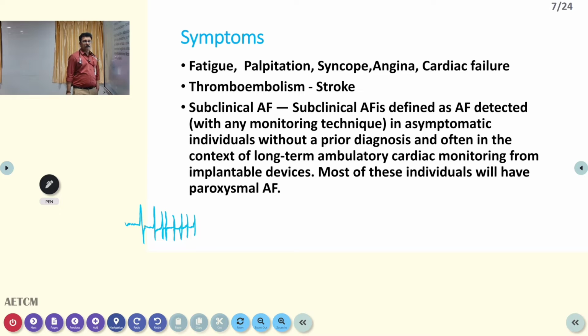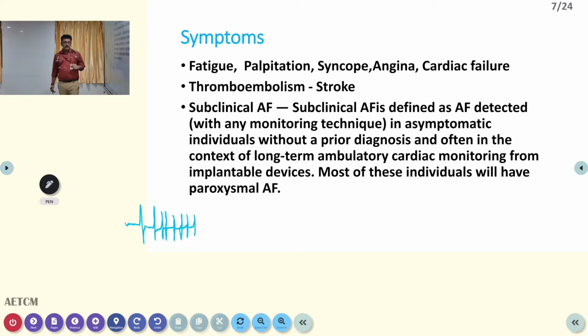When the diastolic time is reduced, the relaxation of the ventricle is reduced, so the amount of blood accumulated after the diastolic phase is also reduced, so the pumping will reduce. So a fast ventricular rate reduces the ventricular output, which produces fatigue, syncope, angina, cardiac failure, palpitation.